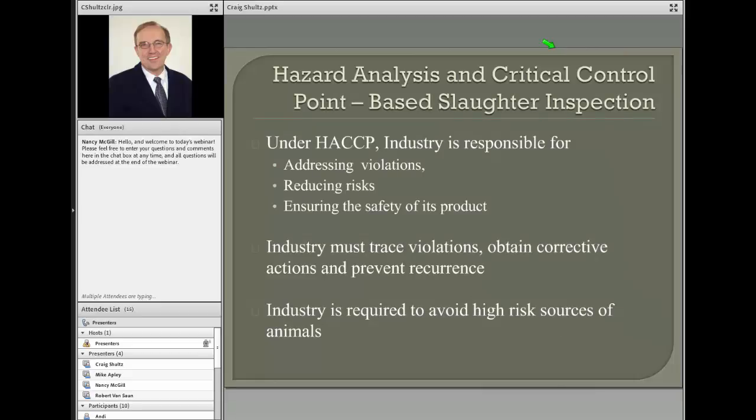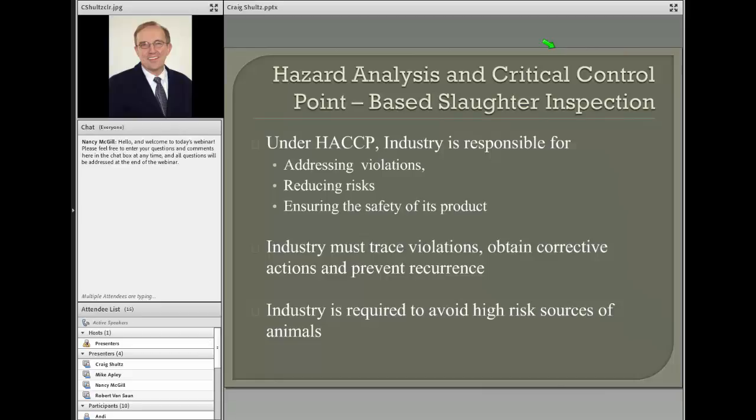Under HACCP, the industry is responsible, and most firms that have a HACCP program that addresses residues have in it some mechanism for addressing those violations, reducing those risks, and ensuring the safety of their product.